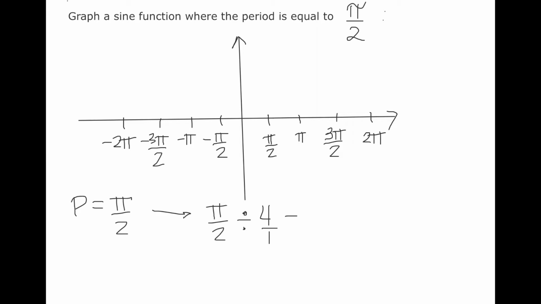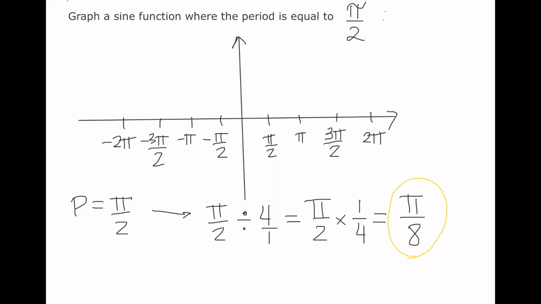How do we do a division of fractions? You multiply the first term by the reciprocal of the second term. So you're going to have pi over 2 times 1 over 4. Now it's a multiplication of fractions, top, top, bottom, bottom. Pi times 1 is pi, 2 times 4 is 8. So the intervals between our critical points will be equal to pi over 8.